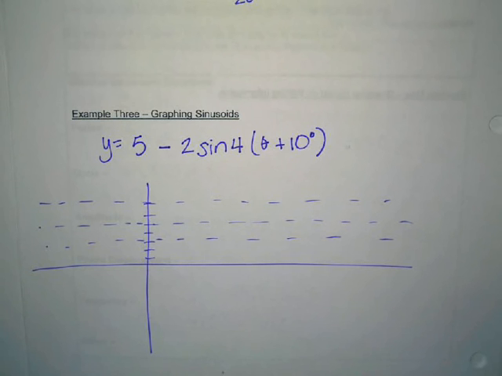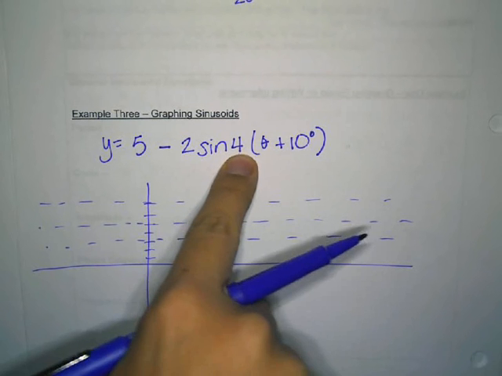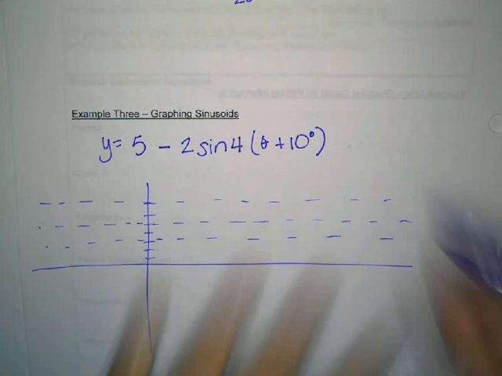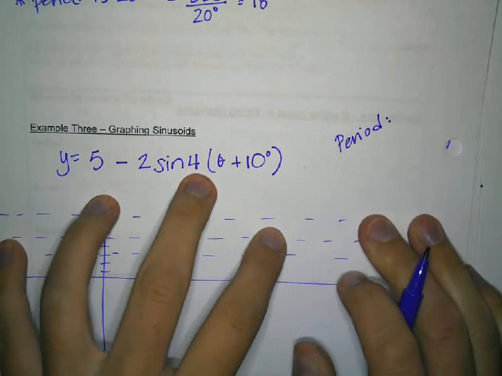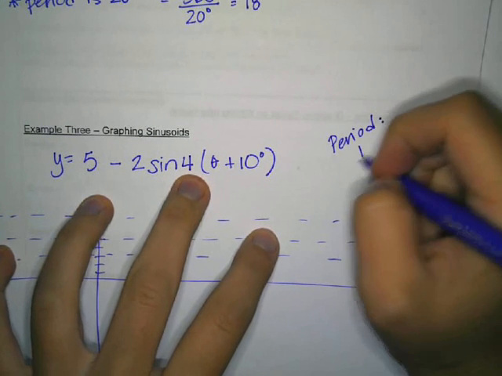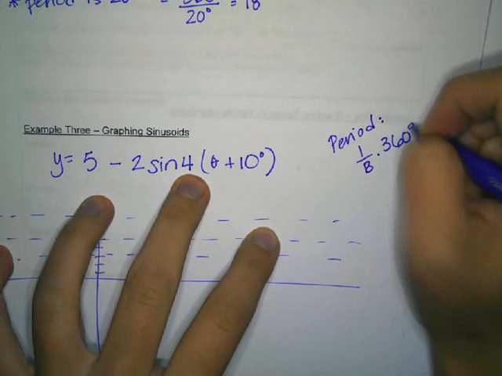Now we have to use the period and the phase displacement to start drawing in some tick marks so we can actually get some points on the paper. I usually start by finding my starting place and my ending place using my period. So the B value is not my period, but I use it to find my period. To find a period, you take that B value, flip it, and multiply by 360.